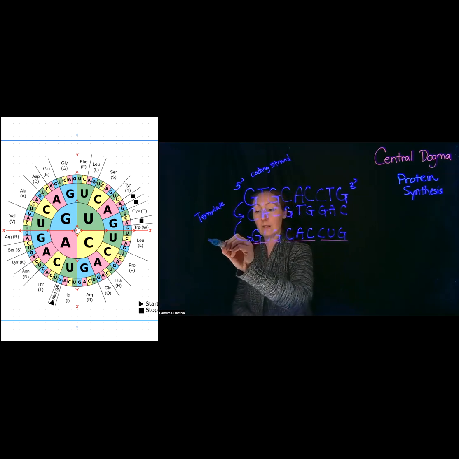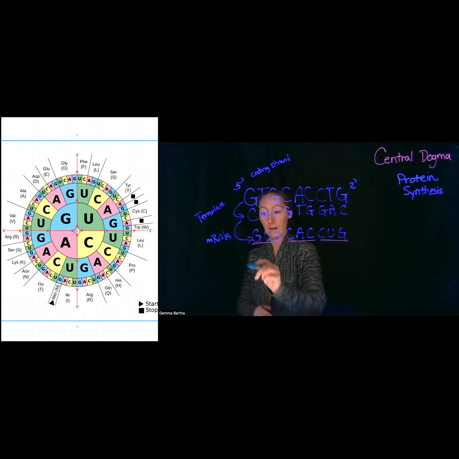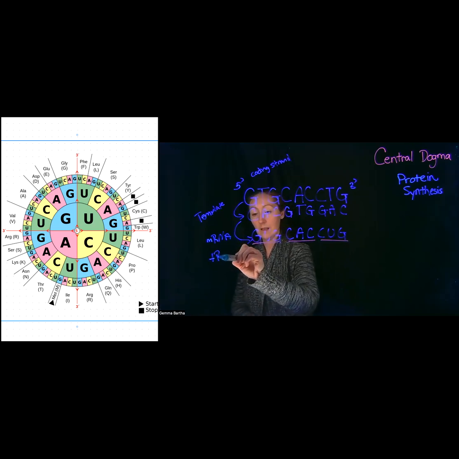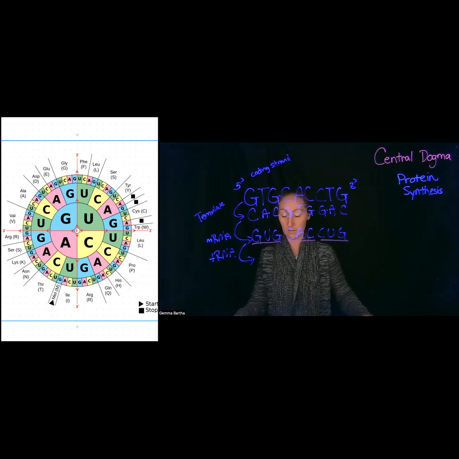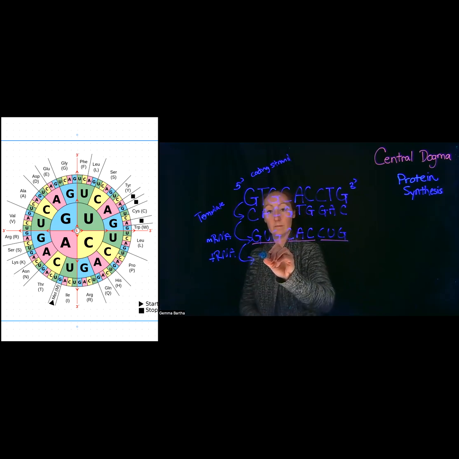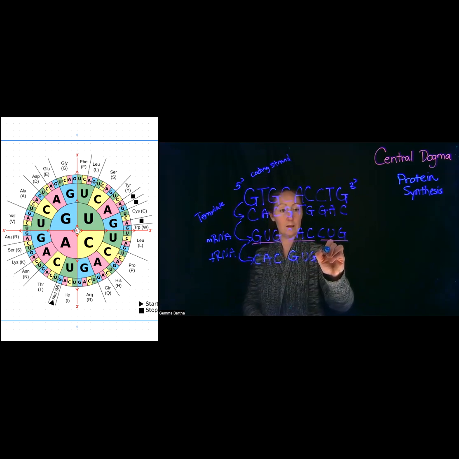So this is going to be mRNA. Now we have tRNA. So that's our next line. CAC, GUG, GAC.